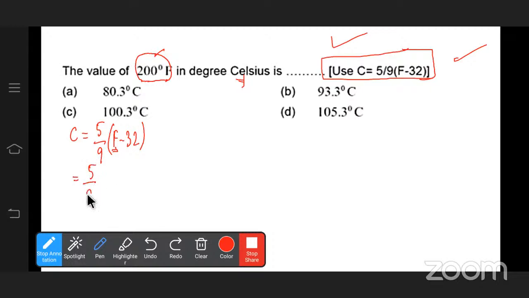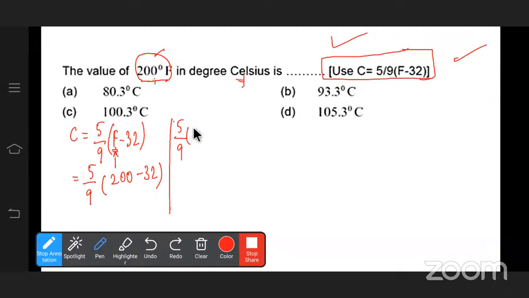So 5 by 9 (200 minus 32), because the value of F is 200, as they have given. So what is 200 minus 32? 168. 158?